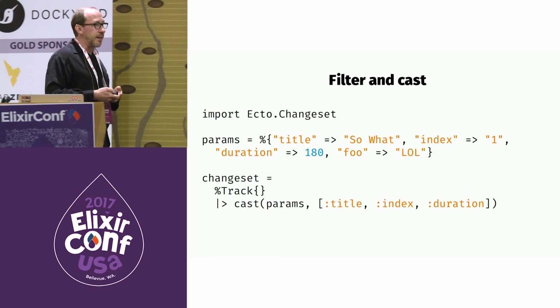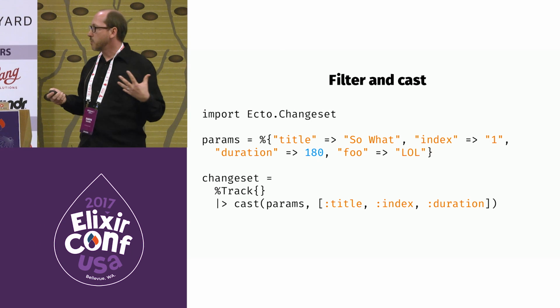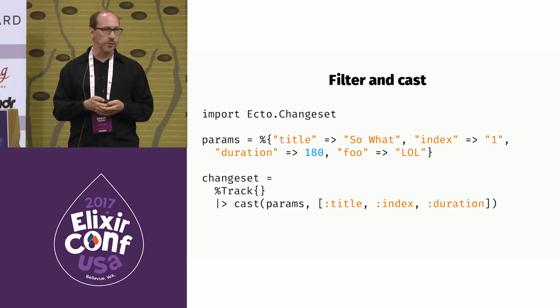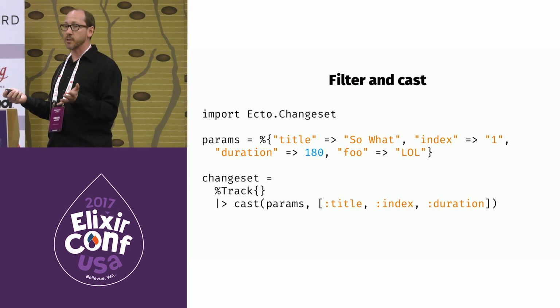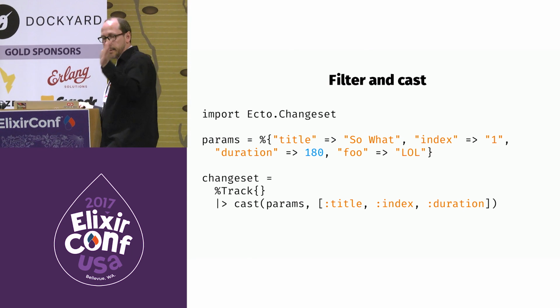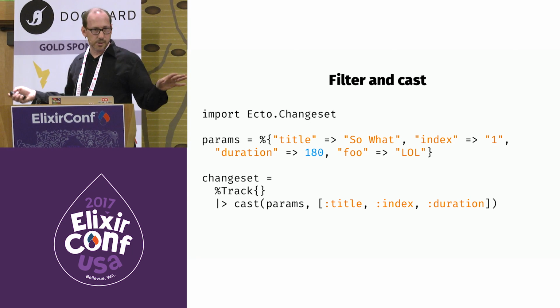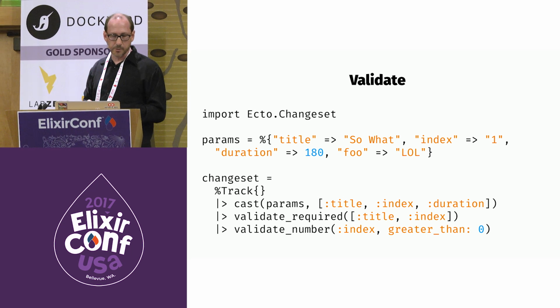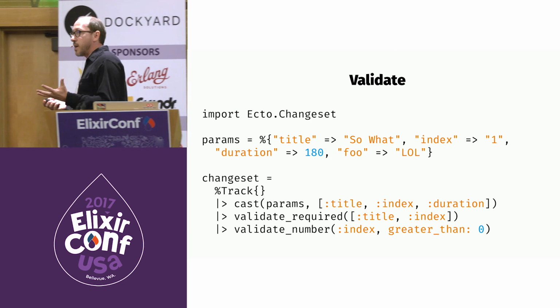We create a change set by kicking it off with the struct we want to use. We call cast, and we supply the params that we got from the user, and we supply a list of the fields that we're interested in. So we're saying, okay, from these params, we want title, index, duration, anything else, just throw it out, we don't care. So at that point, the foo value is gone. And now we can validate it.